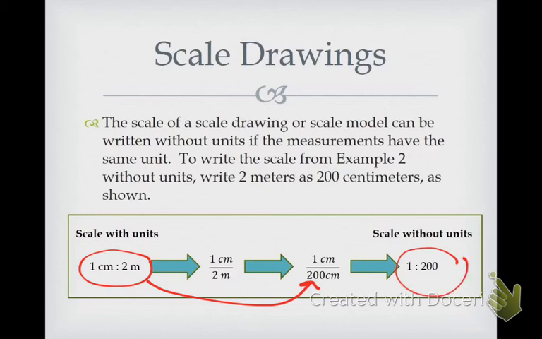Something else that's important to remember: if you see a scale that's written without the unit, it means it is written in the same unit, whether both feet, both inches, or whatever. If it's not in the same unit, each one has to be labeled. This is what it looks like as a question. You have 2 of these on your homework tonight.